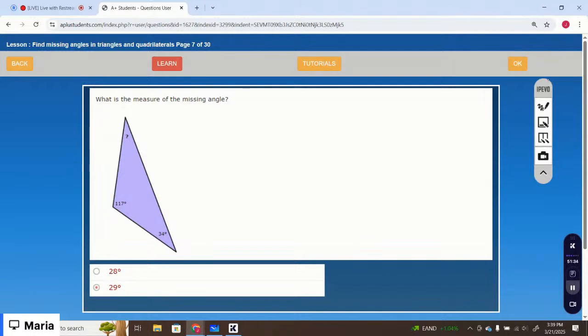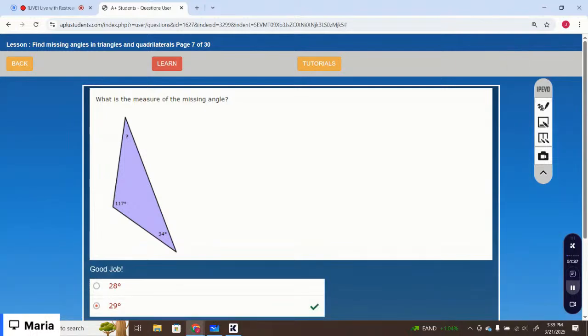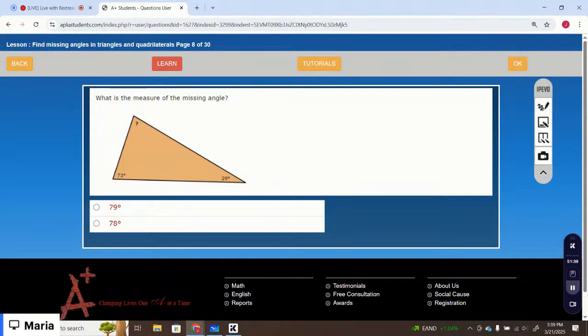Option number two is the correct option. What is the measure of the missing angle? That is 78 degrees. Option number two is the correct option.